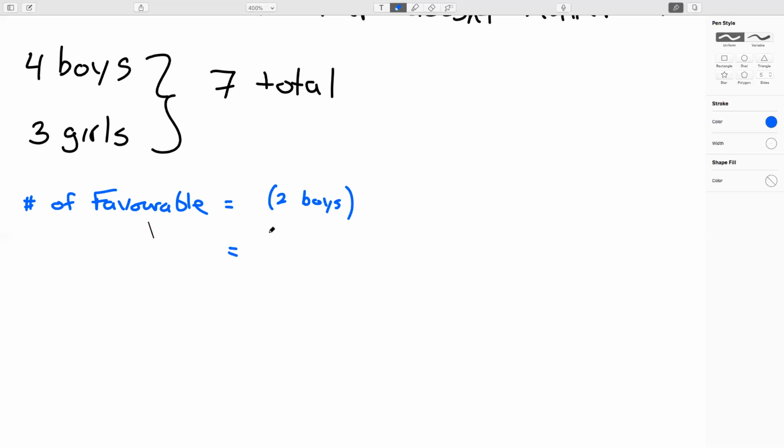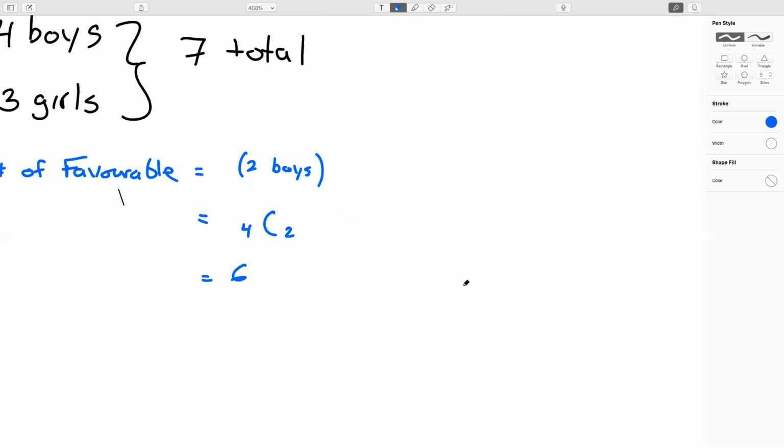So if this population of 4 boys is n, which is 4, and the 2 we're selecting is r, this is a 4 choose 2 calculation. We can do this by hand or we can use a graphing calculator. 4 choose 2 is 6. So that's the number of favorable outcomes.